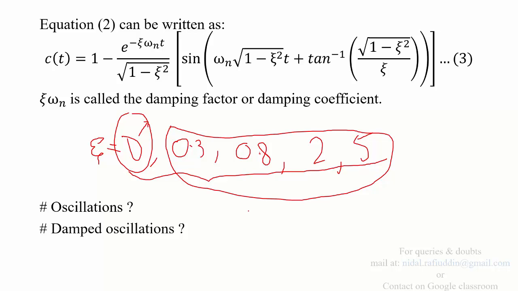Then I'll talk about the waveform when you take zeta equal to minus 0.1. Then I'll plot the waveform c(t) for zeta taken as minus 1.2.